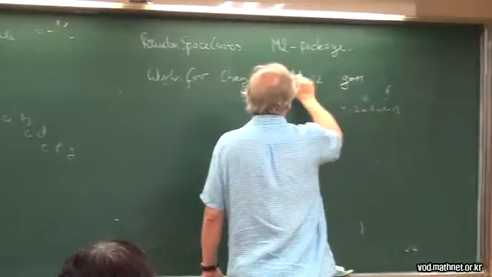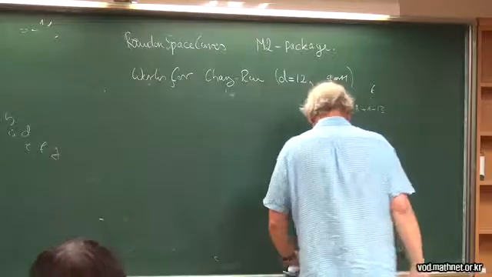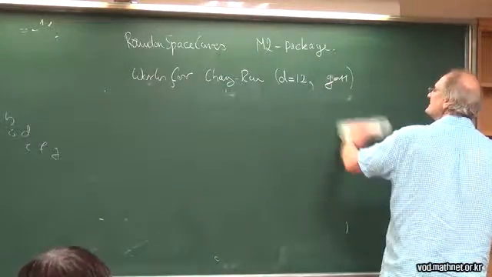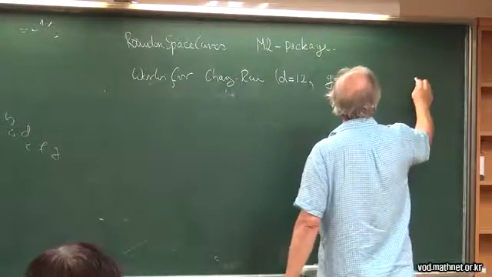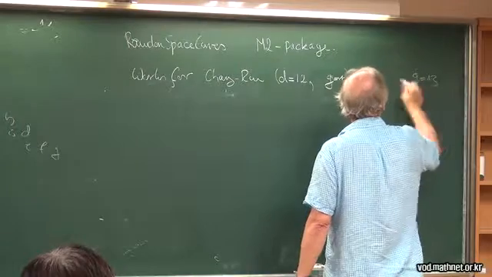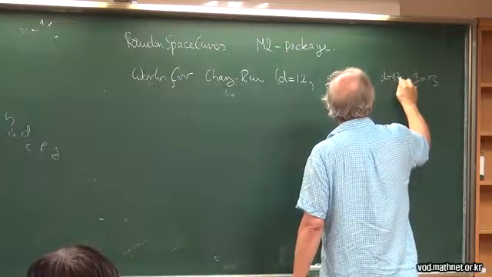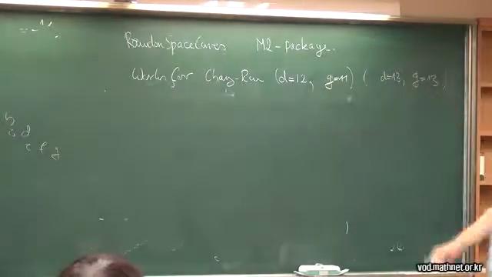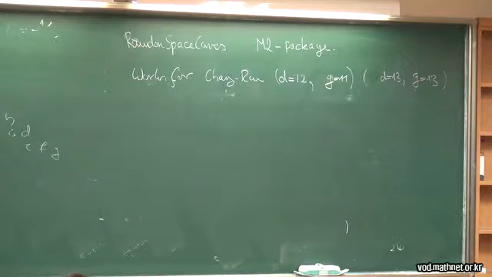This is the Chang-Ran case, D equals G equals 13. This is the Chang-Ran space curve which dominates the moduli space, and will work for this example.